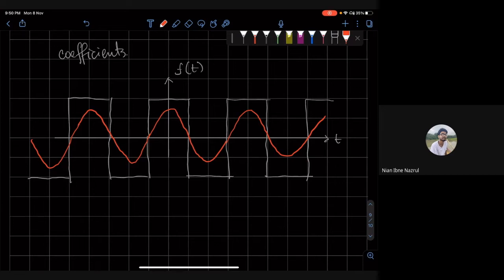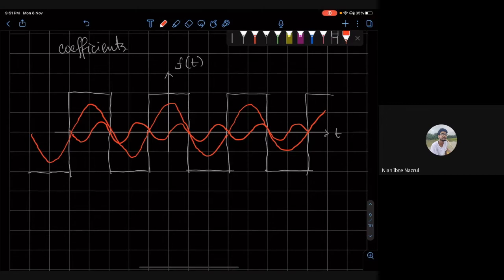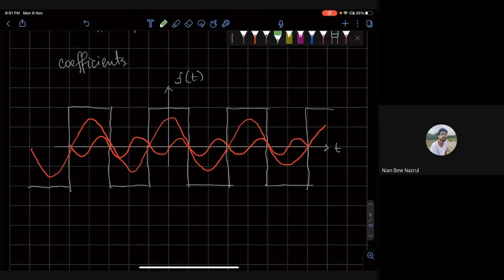So suppose you add to it, so this is not a sine wave, a cosine wave, but you know what I mean. So you can add to it, say, a wave like this, which has a smaller amplitude. And now if you add these two waves, then you will get something like this.